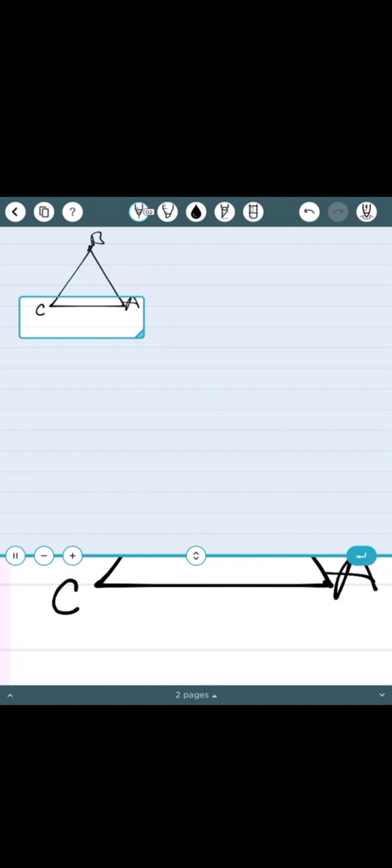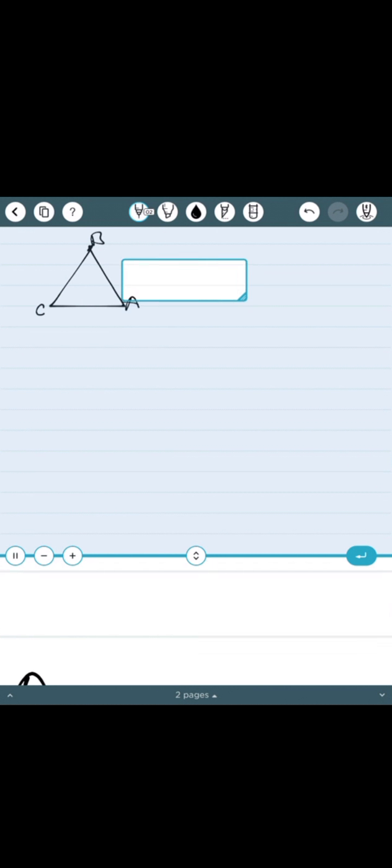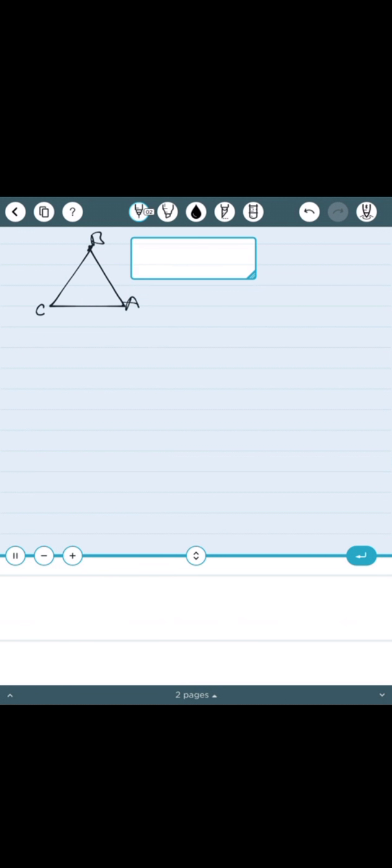So first things first, we need to find a way in which we can find at least a right angled triangle inside this given triangle, which is triangle ABC.